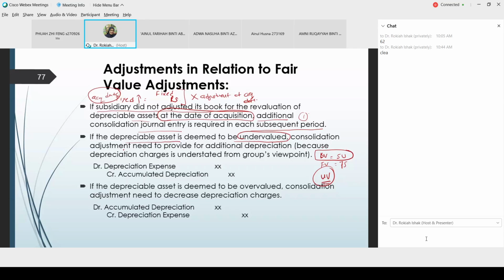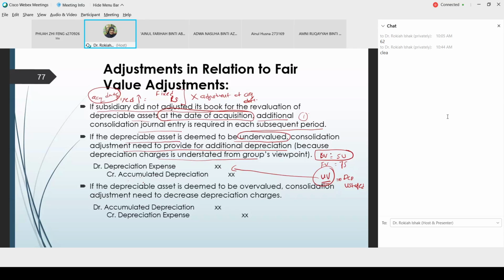So you need to prepare the adjustment, need to provide additional depreciation because the depreciation charge is understated. So when the asset is undervalued, it means that your depreciation will be understated. So we need to adjust for the understated depreciation. Okay, so once depreciation is understated, debit depreciation expense and then credit your accumulated depreciation.